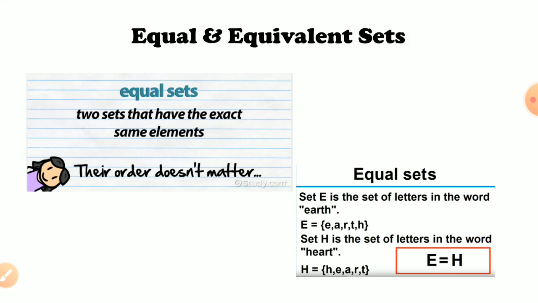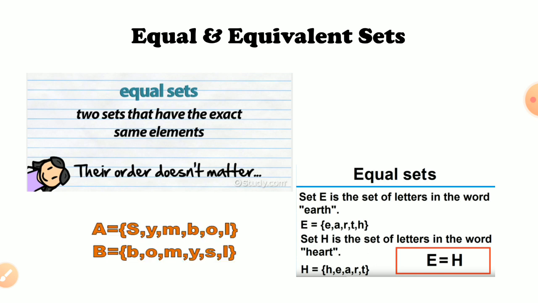Exactly the same elements are present in set E and set H, but their arrangement is not exactly the same. It may be the same or it may not be. So we can say set E and set H are equal sets. The sets that have exactly the same elements are called equal sets.